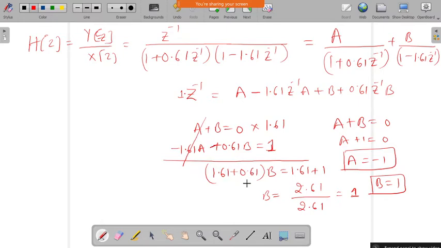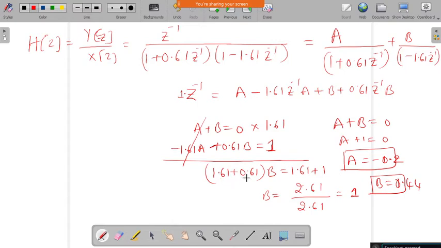Sorry, here 1.61 plus 0.61 is not 2.61. So here it is, sir. A will be minus 0.27 and B will be 0.44. Okay. So here I made a mistake.